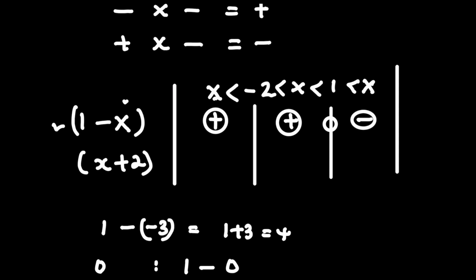Okay, now let's choose any value of x that is less than minus 2 and insert it here, let's say minus 3. Minus 3 plus 2 is a negative value.